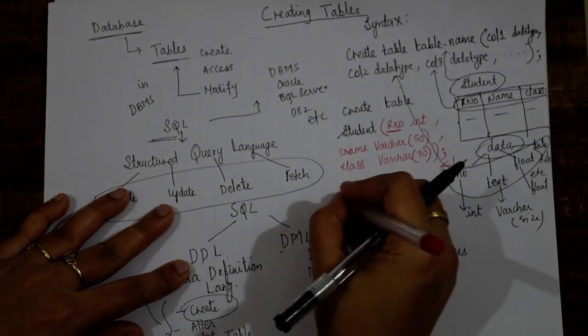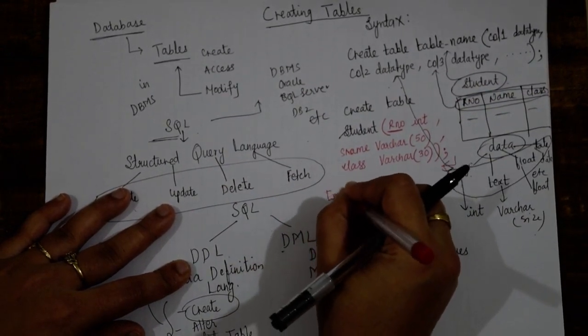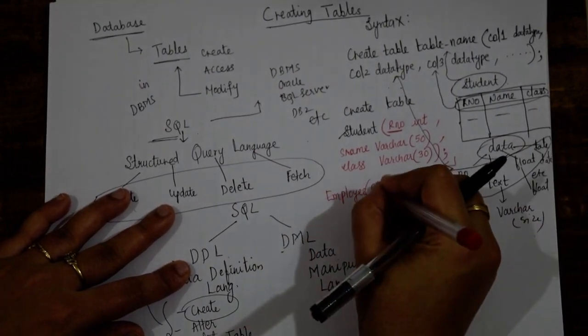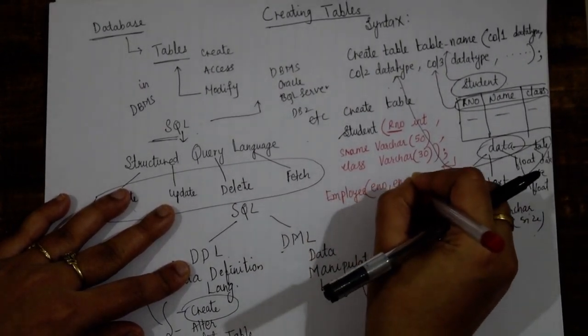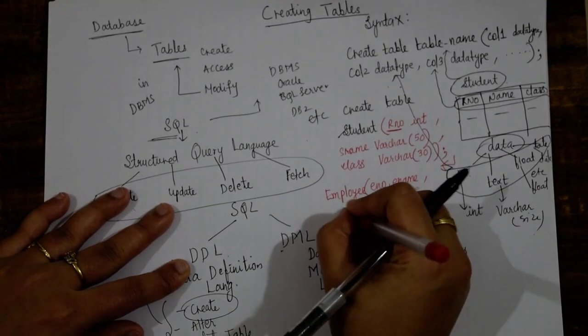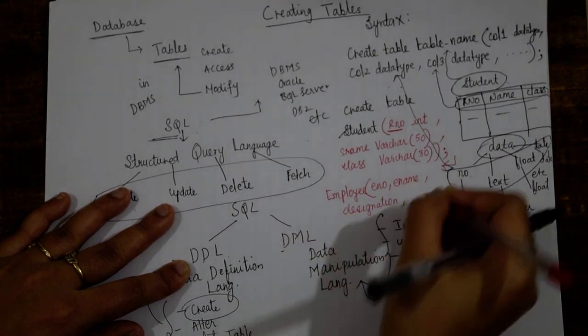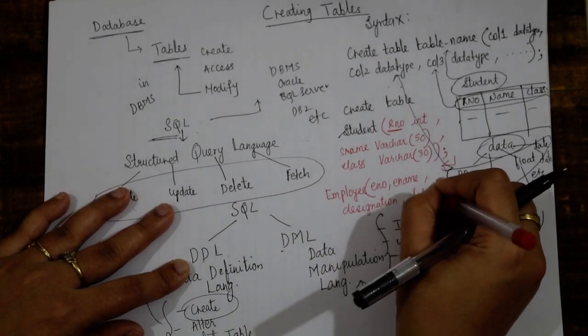Similarly, we will take one more example, employee, having employee number, employee name, designation, and salary.